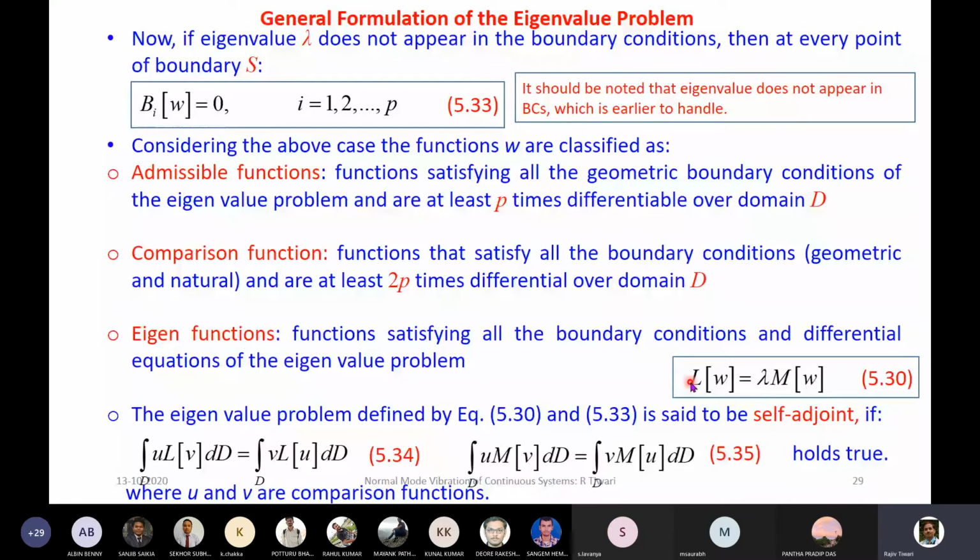Here also the L operator and M operator have a property called self-adjoint. It's similar to the symmetry nature of the discrete system.